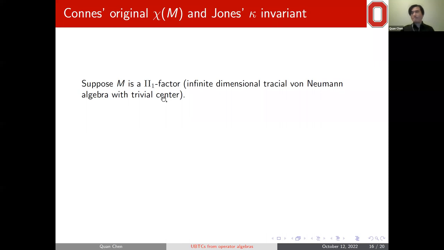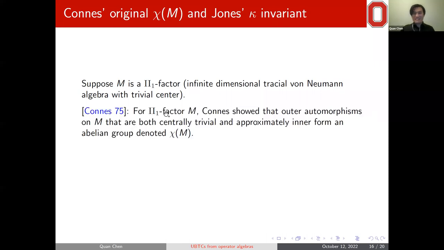Then for the II_1 factor M, Connes showed that the outer automorphisms of M that are both centrally trivial and approximately inner form an abelian group, called Chi of M. It's really an amazing result.